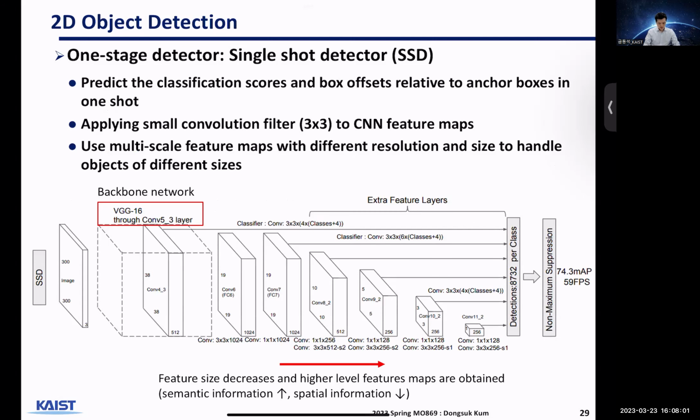And if you look at this SSD, single shot detector, what they did was they used this CNN backbone, which is a better, larger backbone network, VGG 16 in this case. And what they did was they bring all the features that were computed in each layer.